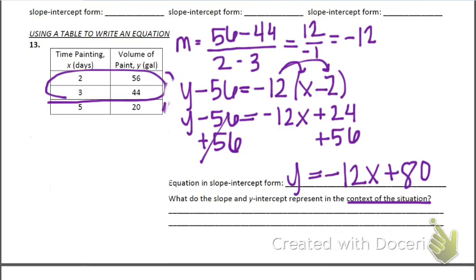It's going down. We call that a what? Slope is the same thing as what? It starts with an R. Rise and run. Not rise over run. Rate of change. So if my rate of change is negative 12, what does that mean? It's the rate that the amount of paint is doing what? Decreasing.